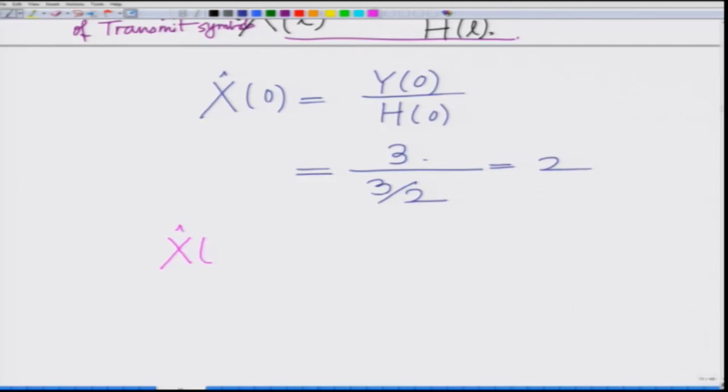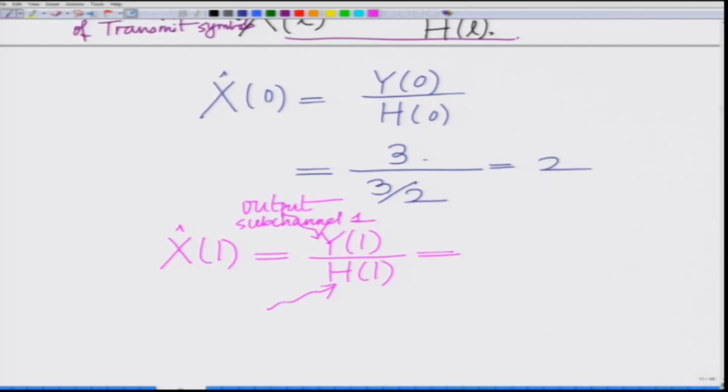Capital X hat of 1 equals, again the very same thing, capital Y 1 divided by capital H 1. Capital Y 1, to remind you, is the output across sub channel 1, that is in the frequency domain, and capital H 1 is the channel coefficient for sub channel 1.